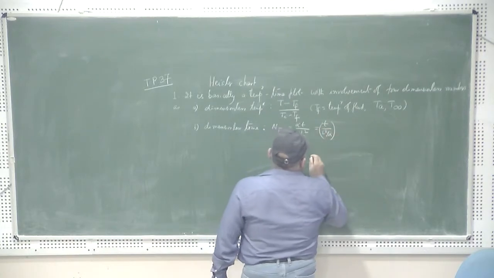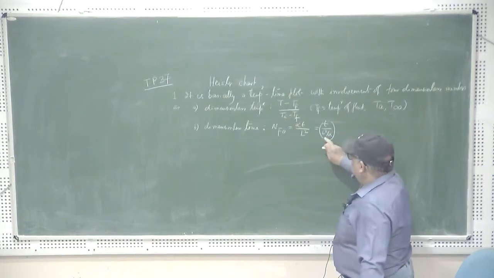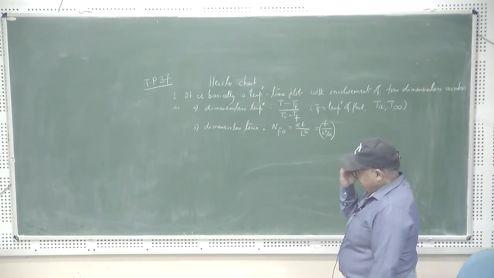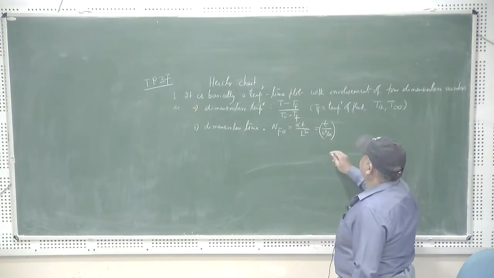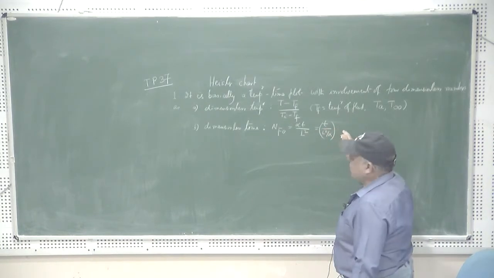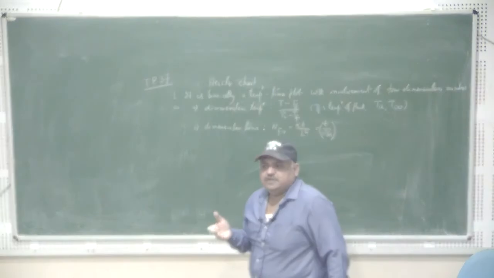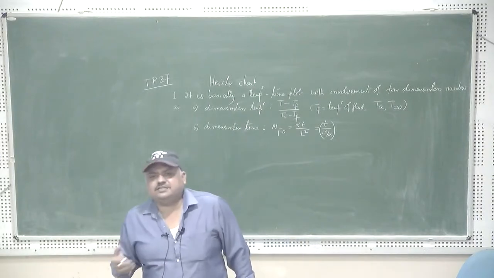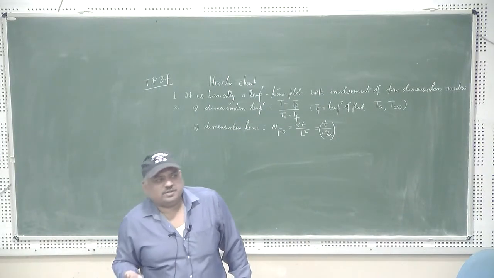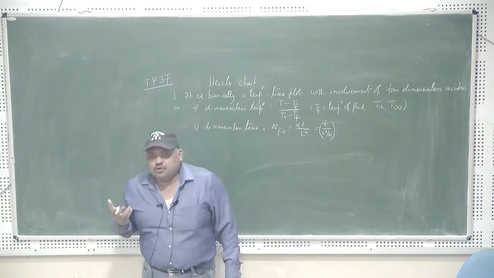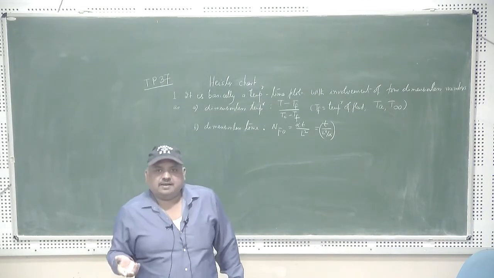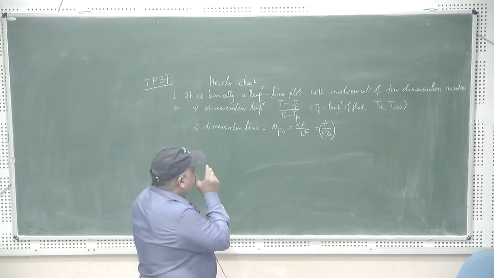If you evaluate the dimension of this quantity L square by alpha, you will find that this has a dimension of time. So this ratio is defined as time elapsed divided by time taken by the body to attain the steady state condition. That means what is the time that has been consumed in order to heat up the material to a stage so that the steady state condition can prevail. So this is called the dimensionless time.